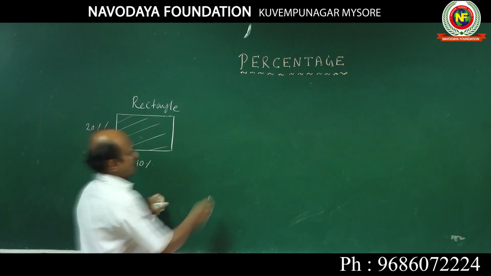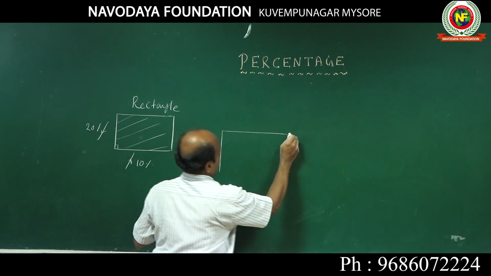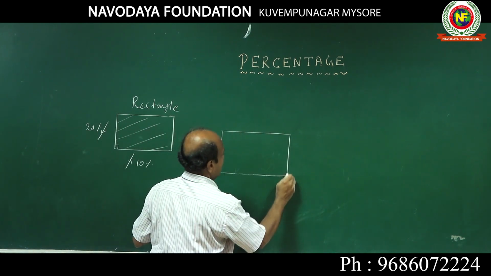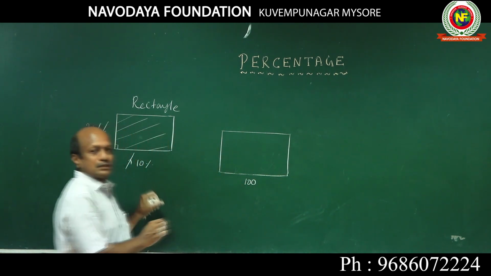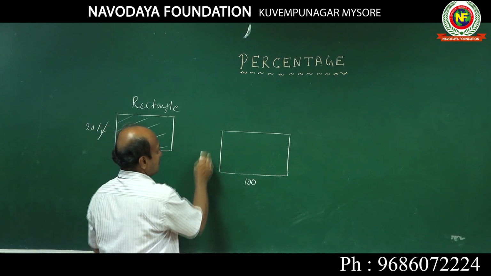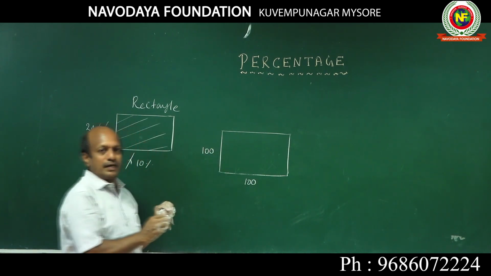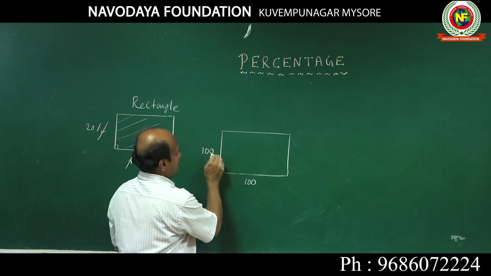Right. Now let us think about this problem. Rectangle is also a special type of thing. You can take it that this value is 100, this value also 100. 100 into 100, how much will we get?